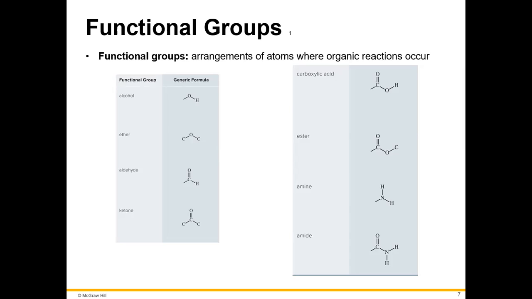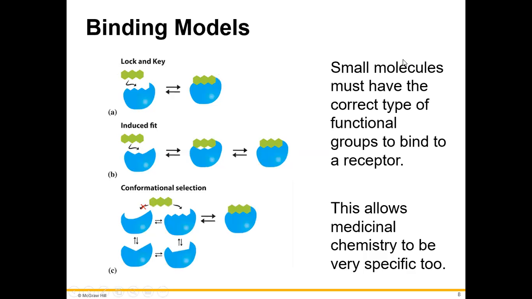So just be prepared. If you go on to pursue chemistry as part of your major or your career, you will be memorizing the major functional groups and how those functional groups carry out organic reactions. But here, I just want you to know the definition of a functional group, which is a very specific arrangement of atoms where an organic reaction takes place.